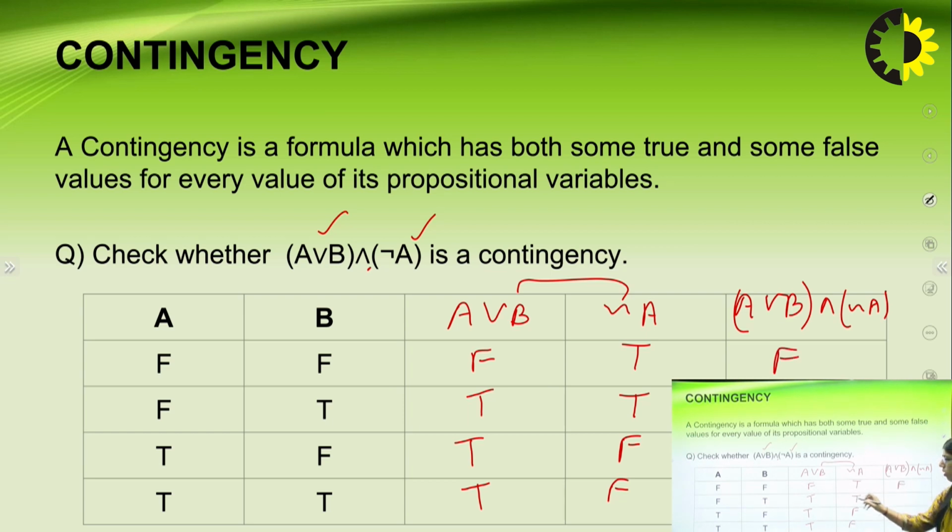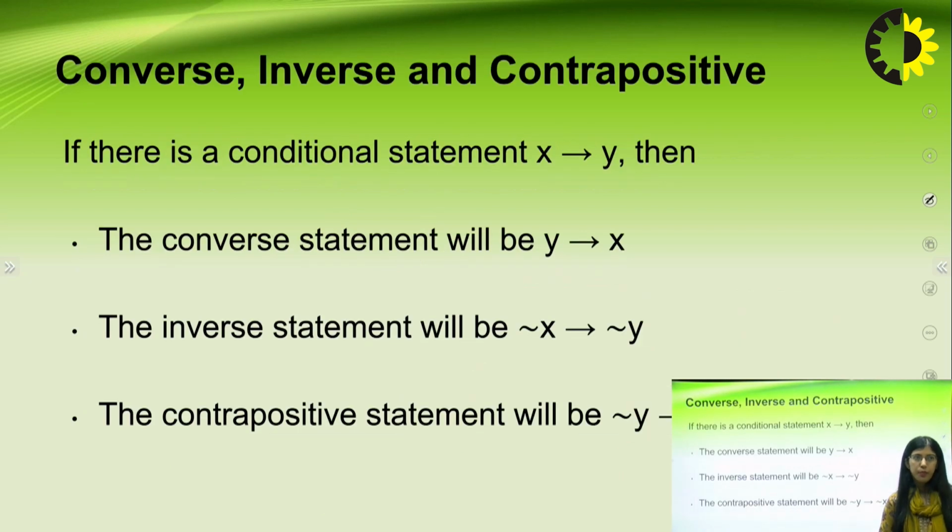So yes, it is false. In this case, it is true. Here it is false, and here it is false. As we can see, the result is a mixture of true and false both. So yes, it is a contingency.